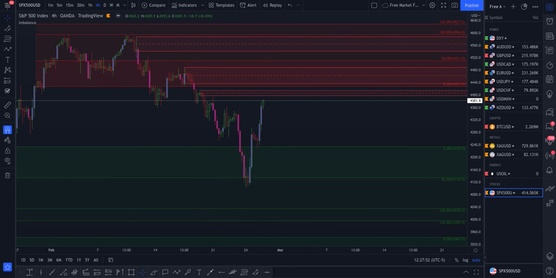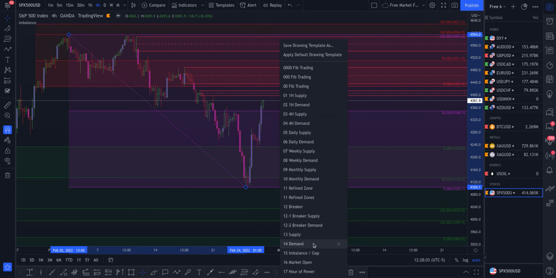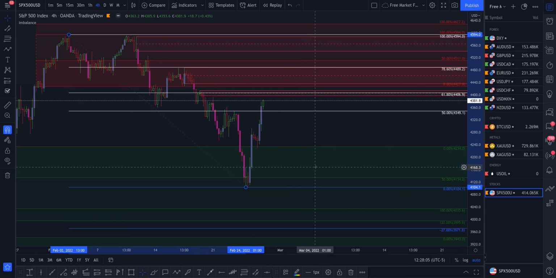All right, because if we take our Fibonacci, me personally, I like that 78.6 zone. So I could definitely see it touch into here. Taking out this has already been mitigated.